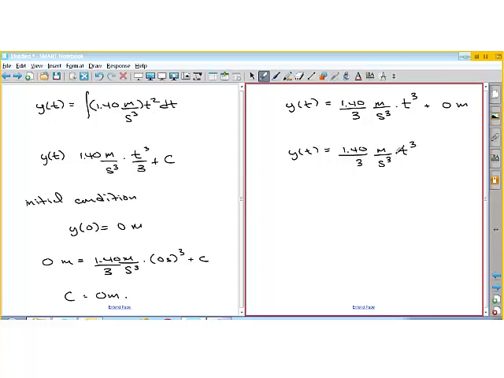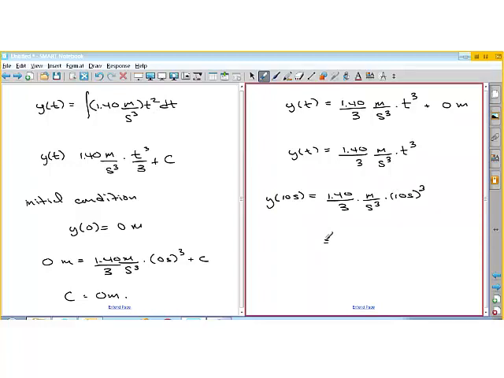Okay, so I have what I need now to solve the problem. It says, what is the height of the rocket above the surface at 10 seconds? Well, all I have to do is plug in the number. So y of 10 seconds is going to be 1.40 divided by 3 meters per second cubed times 10 seconds quantity cubed.